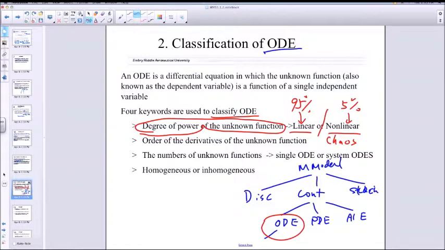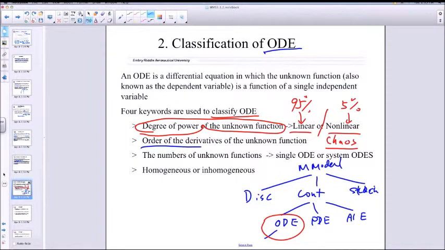So that, of course, is a chaotic phenomenon. It's almost impossible to predict. That's why we cannot predict earthquakes, hurricanes, and tornadoes. That's all nonlinear.